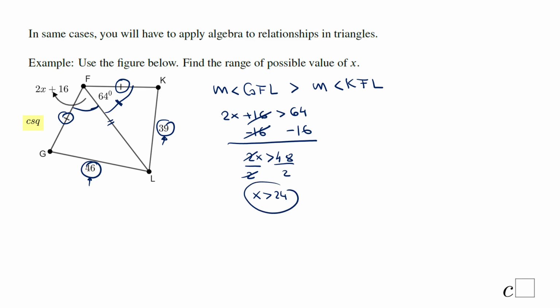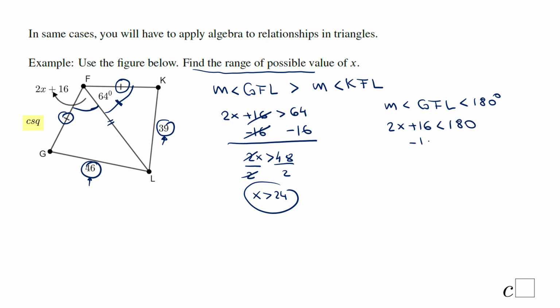But you notice it says find the range of possible values. This is not good enough. We need something else. The other thing is the fact that this angle GFL needs to be less than 180 degrees, right? So 2x plus 16 has to be less than 180.